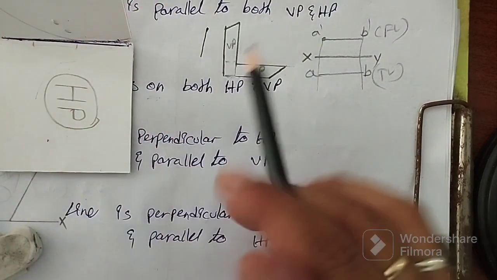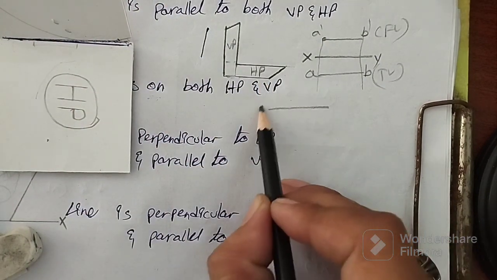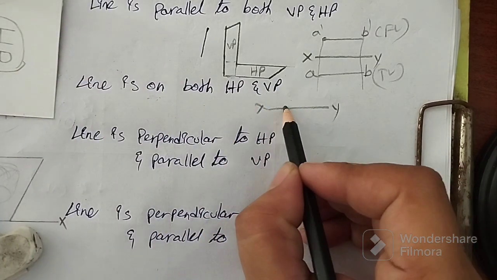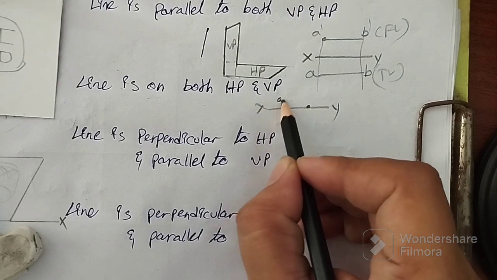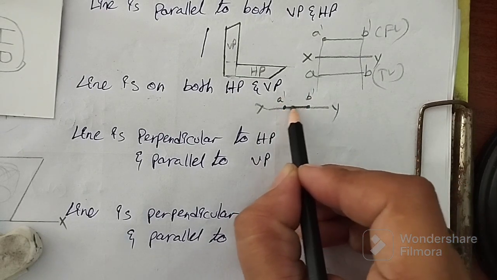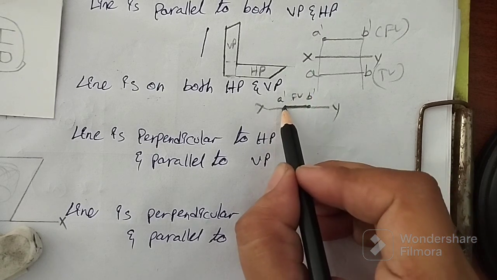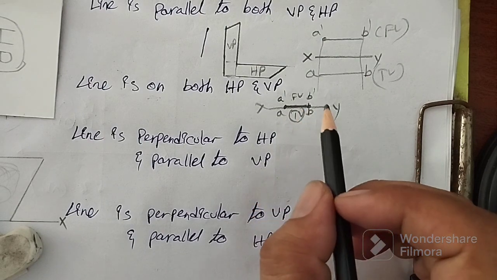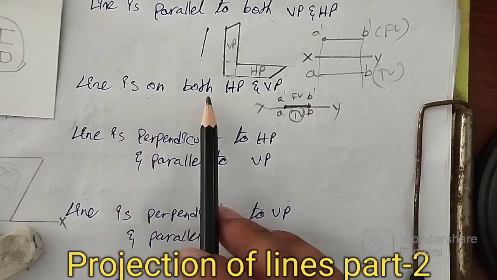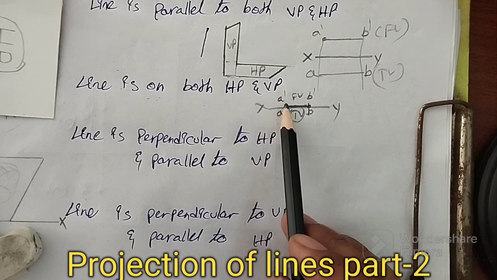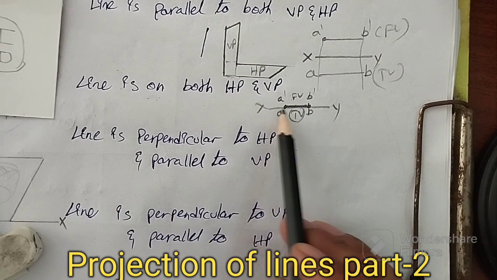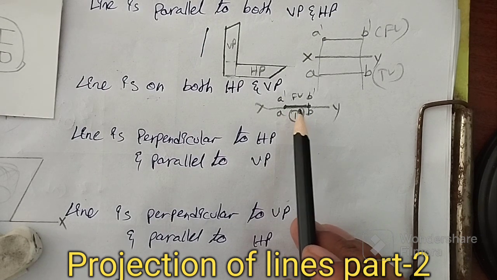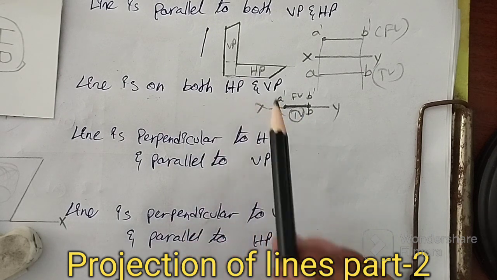So if this is my xy, since it is on HP and VP, a dash b dash is my front view, and at the same point a comma b is my top view. So if the line is on both HP and VP, the front view and the top view lie on the same xy line, because it is on both HP and VP.